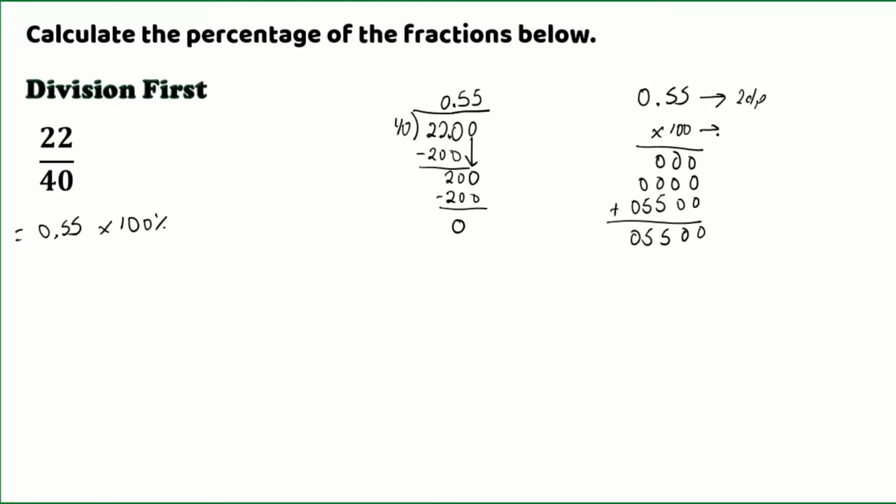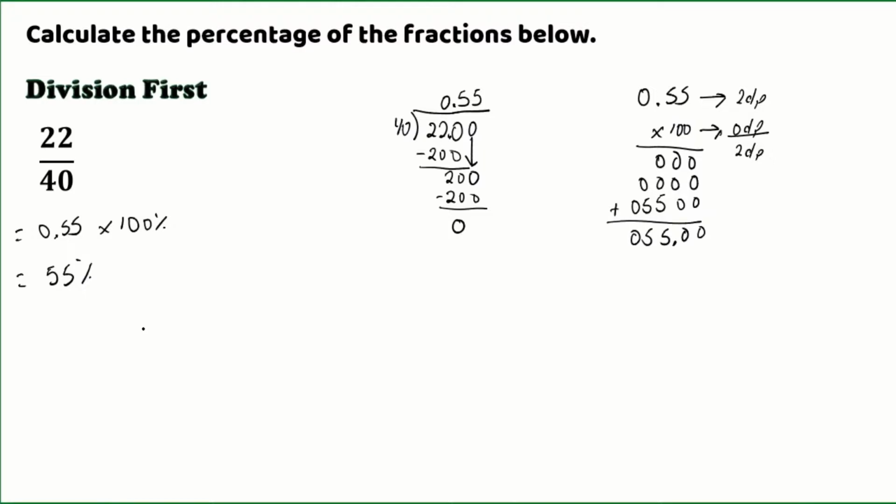And my second number, there are no digits behind the decimal point. So in total, I should have 2 digits behind the decimal point in my answer. So I'm going to count 1, 2, and input my decimal point, which will leave us with 55%. Okay, so this is our second method that we use to calculate 22 out of 40 as a percentage.